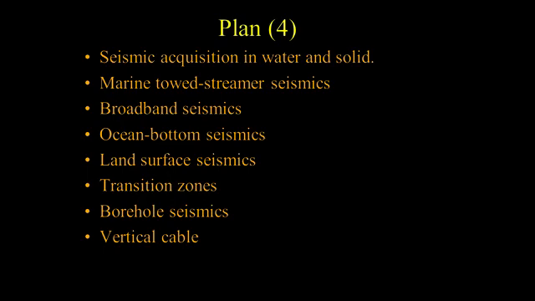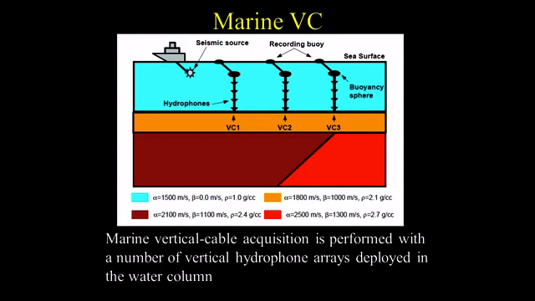Let's now conclude these lectures on seismic acquisition geometries and seismic data by talking about vertical cable acquisition. Marine vertical cable acquisition is performed with a number of vertical hydrophone arrays deployed in the water column as illustrated here.